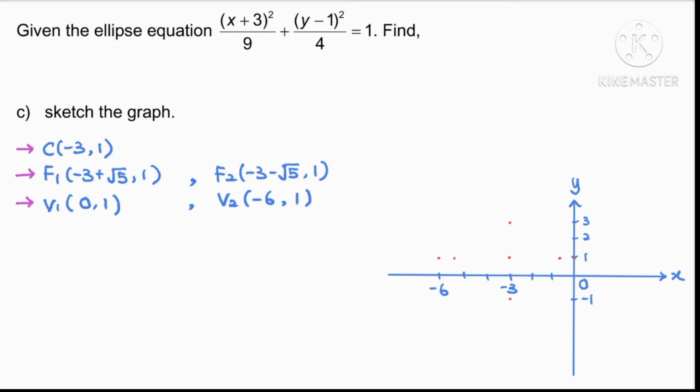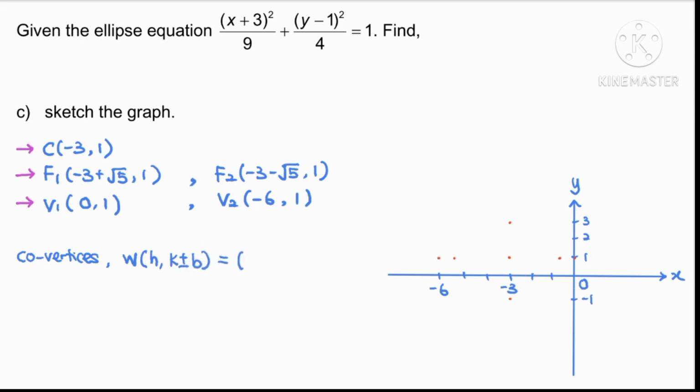Question C, sketch the graph. Before we start to sketch the graph, let us find the co-vertices. We let W be (h, k ± b).